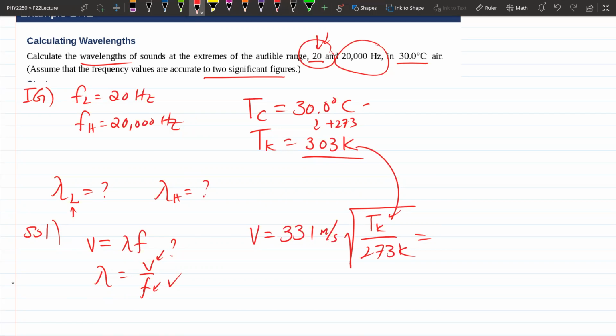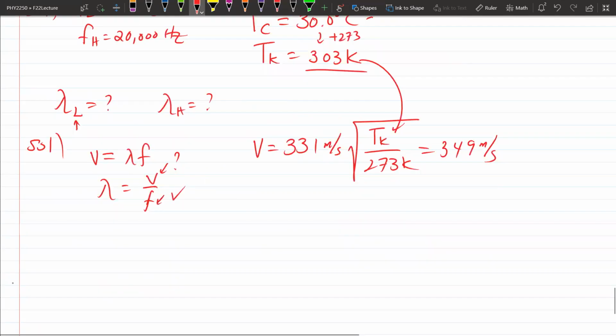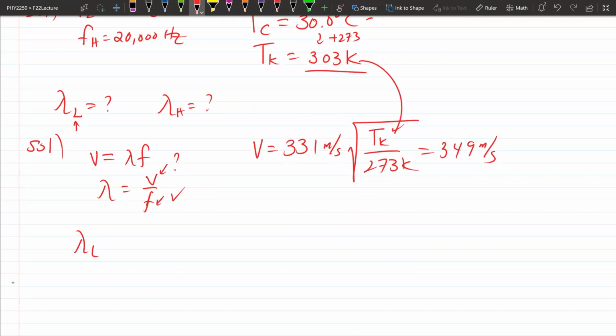We get 349 meters per second. So at a higher temperature, the speed of sound actually goes up. Therefore, now I can calculate the wavelength of the low frequency sound.